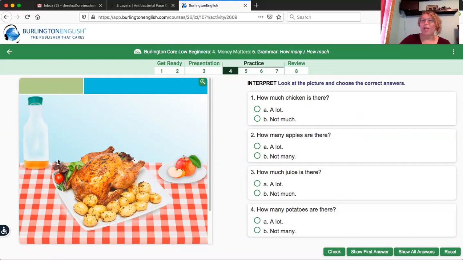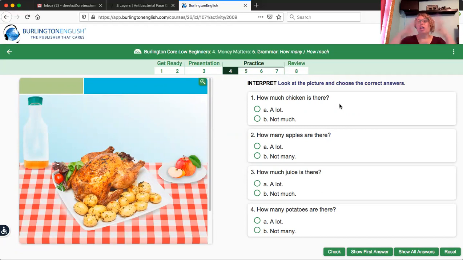All right, let's see if you named all of the foods. We have juice, salad with, it looks like lettuce and tomato, chicken, apple, and potatoes.